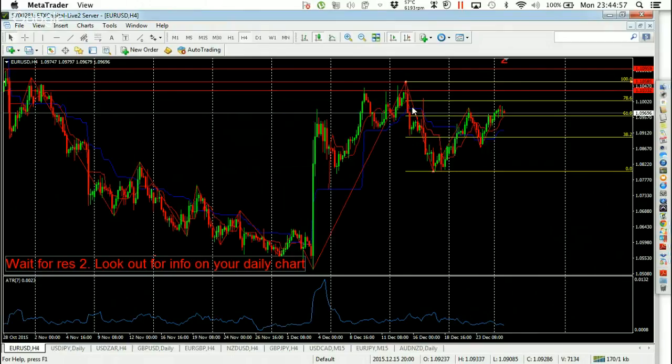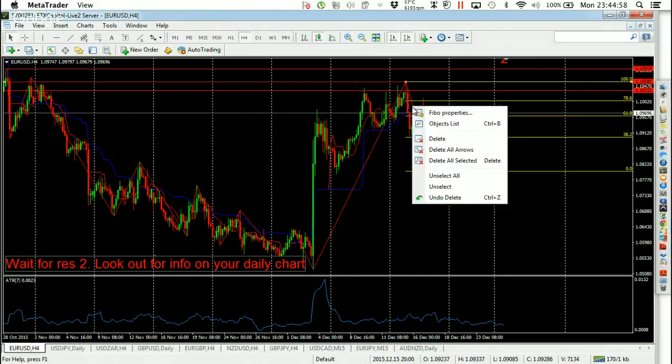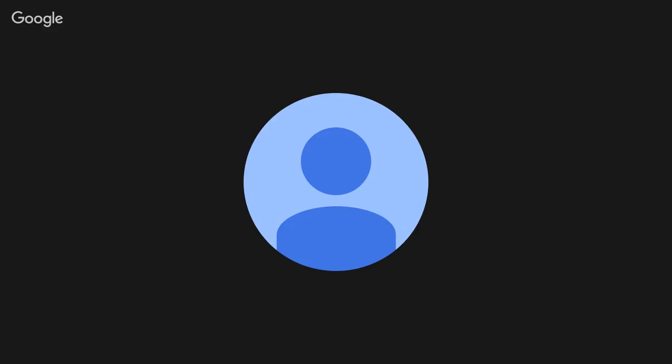We've had this long leg down from swing high to swing low, and we drew a retracement.